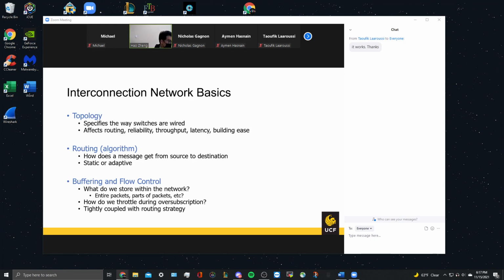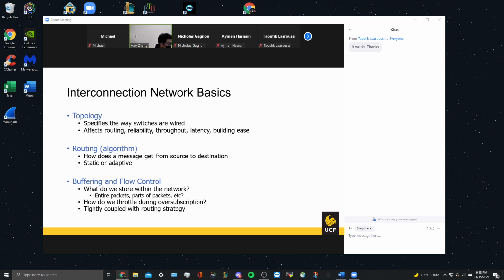So the first one is topology. Have you heard this word before? I believe most of you should have seen this word before. It specifies the way switches are wired, right? A daily example is how we design the roads that connect different buildings, right? So this is topology.